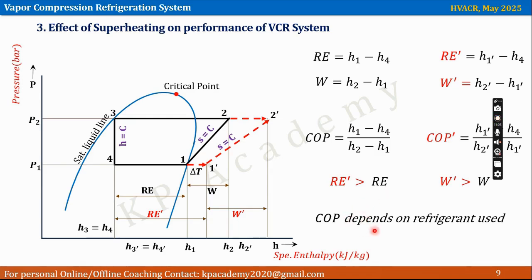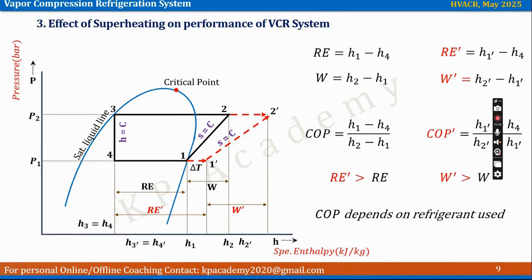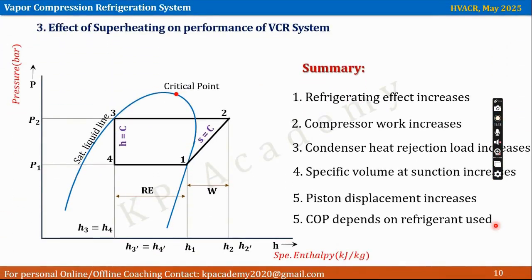That means the COP depends only on the refrigerant used. What kind of refrigerant is used in the system? The summary: because of superheating, refrigerating effect increases, compressor work increases, and COP depends on what type of refrigerant is used.